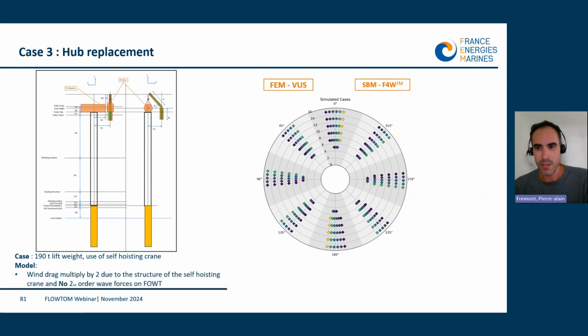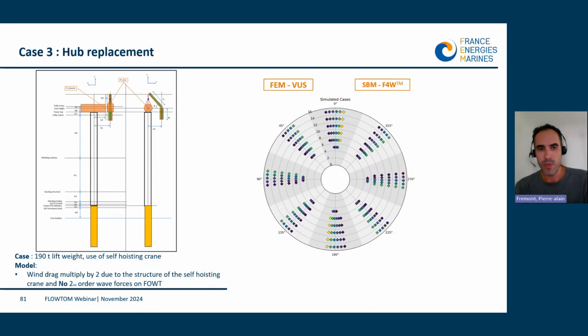So, as explained by Tanguy at the introduction of the numerical simulation part, we perform several cases. Some ship-to-ship transfer, like Melissa just presented to you. We also perform the cases with a blade, ship-to-ship transfer, and a blade before integration to the hub system.